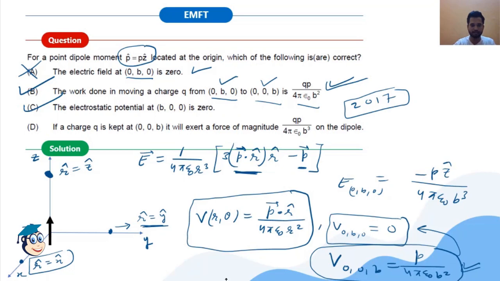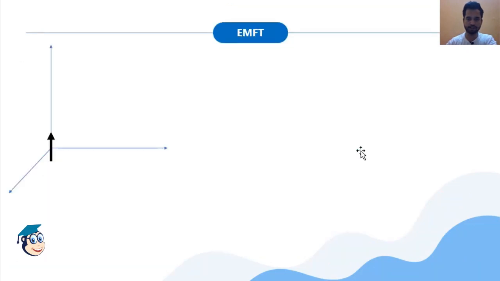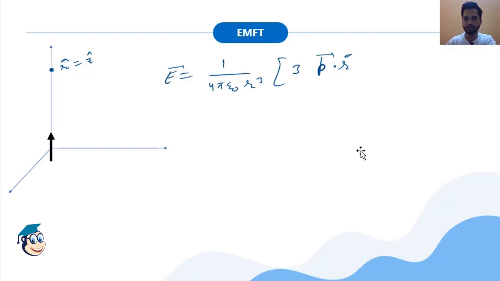At this point the electric field, let me write on the next page, is E. Here r cap is nothing but z cap, and electric field is 1 over 4 pi epsilon naught r cube, 3 times P dot r cap times r cap minus P vector itself.